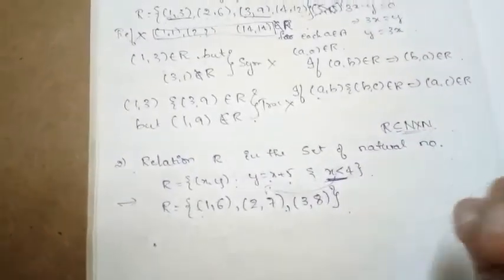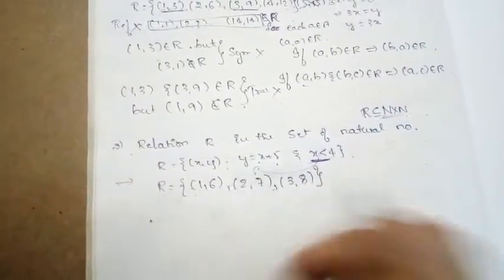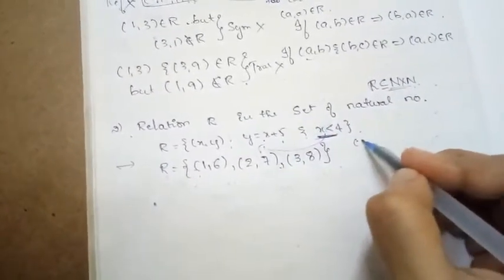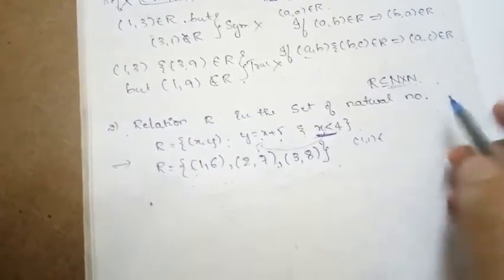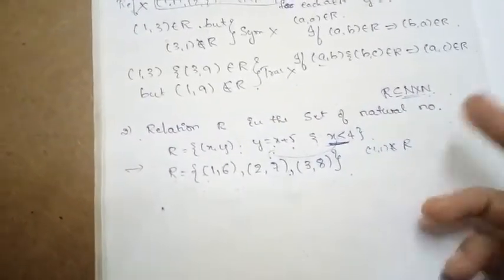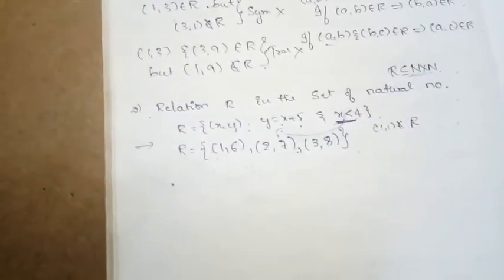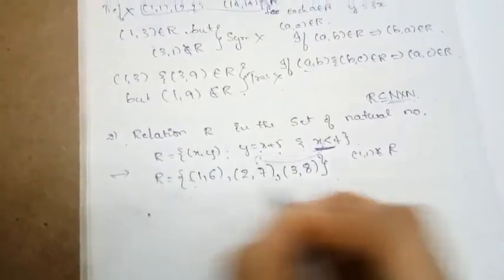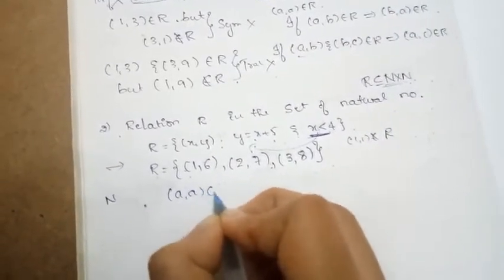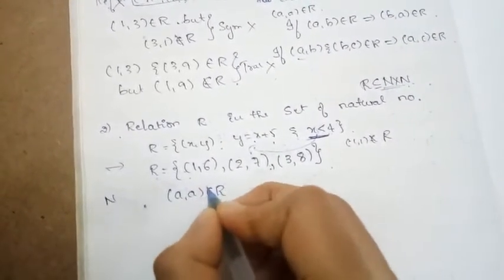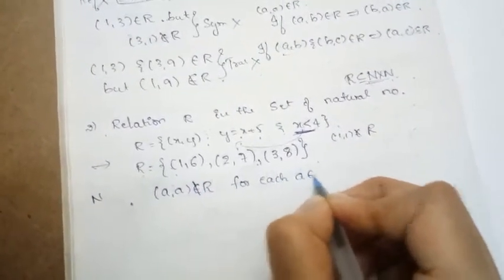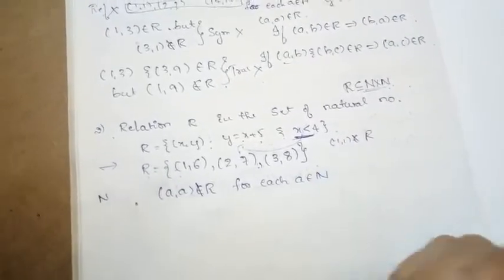Now we need to check whether it is reflexive, symmetric or transitive. Clearly, by looking here, we can say it is not a reflexive relation, because you can take any one of them and say (1, 1) does not belong to R. Since this is mathematics, our verbal statement also matters. To say that it is not reflexive means (a, a) does not belong to R for each a belonging to the set of natural numbers.